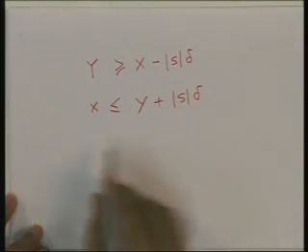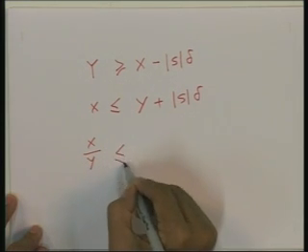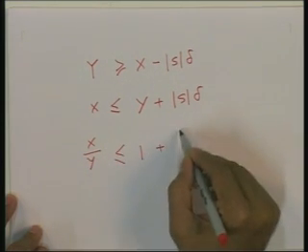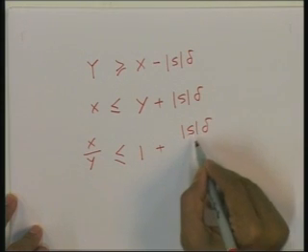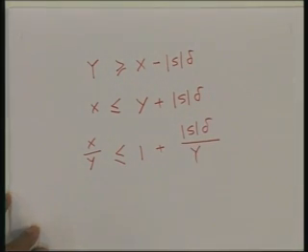If I divide the whole thing by y, I am going to get x upon y is less than or equal to 1 plus cardinality of S times delta upon y. This is what we finally have over here.